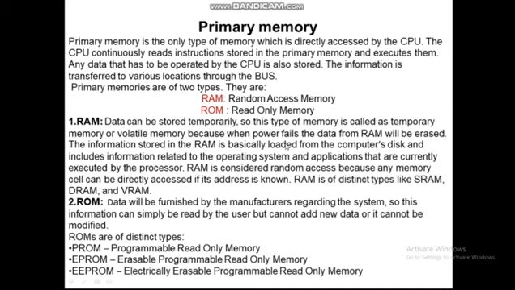In random access memory, any memory location can be accessed in a random way without going through any other locations. So the access time in RAM is the same for each and every memory location. Since information can be written into or read from RAM, it is used as the read and write memory of a computer system.